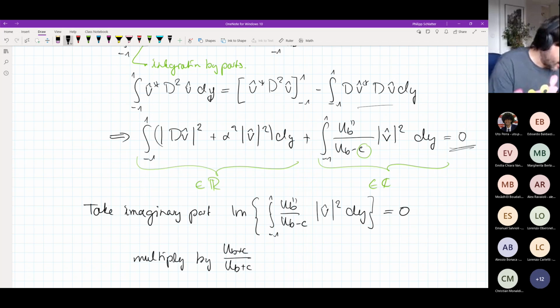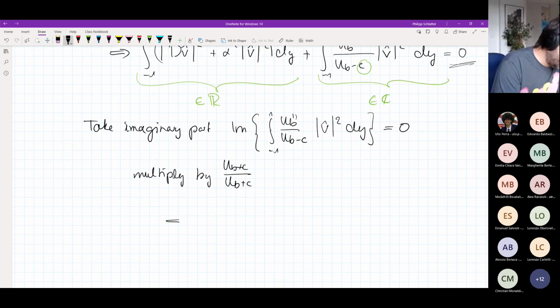And of course, if we do that, it will not change anything, because this is just a 1, but it would remove the complex or the imaginary contribution from the denominator.